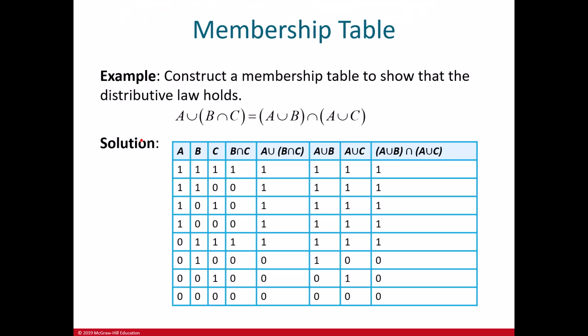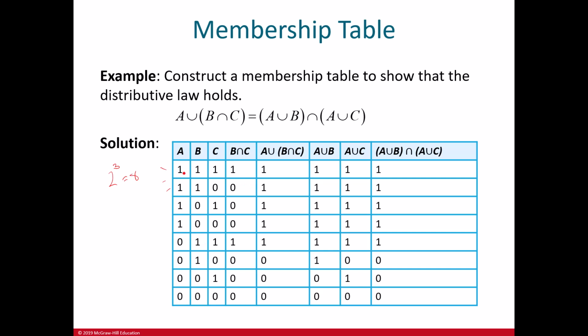Here is the final way of showing some relationship, and this is very similar to a truth table. In fact, you can think of it as a truth table. Okay, so in this case, how many sets do we have? We have 3 sets, and because we have 3 sets, how big is our table? It's going to be 2 to the 3, which is 8. Again, you can see them here.